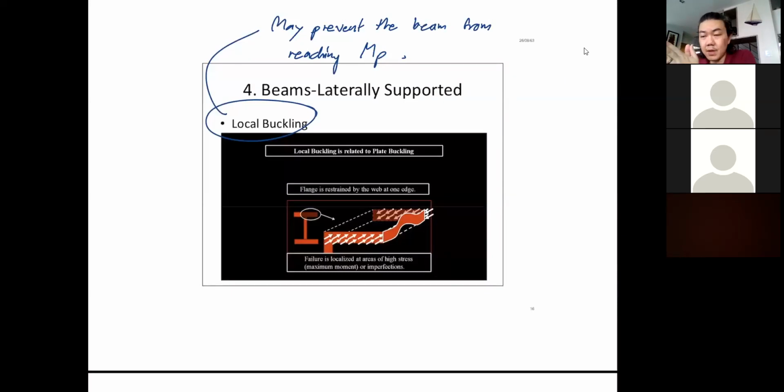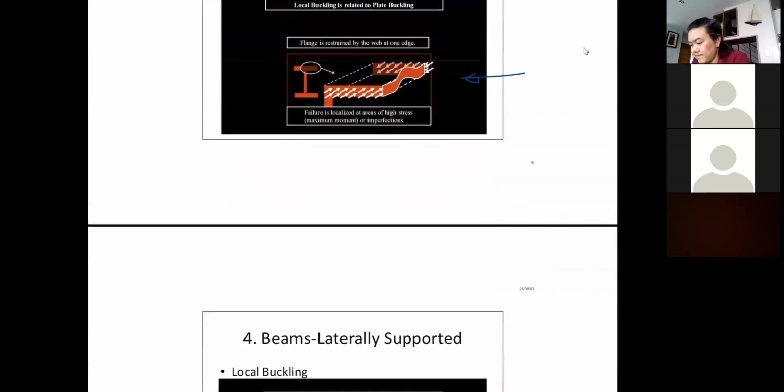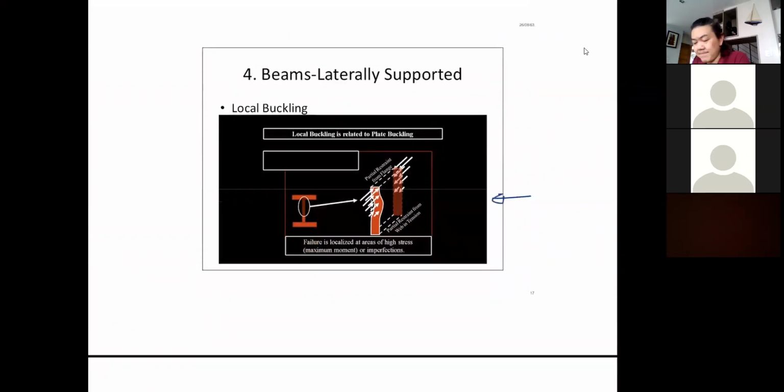In compression member, if you have the local buckling, say because either the flange or the web is too slender, that will prevent you from reaching the critical buckling stress F critical. And similarly, if you have either the flange or the web that is too slender, it may buckle before your beam can reach MP as well. So it's a pretty similar behavior. And that is a flange local buckling, or that's a web local buckling.